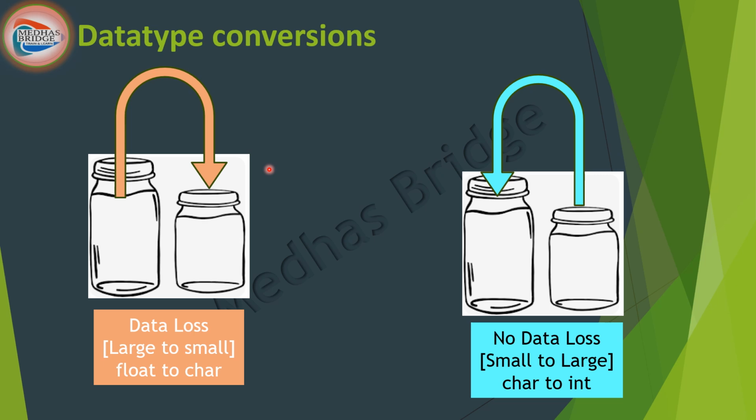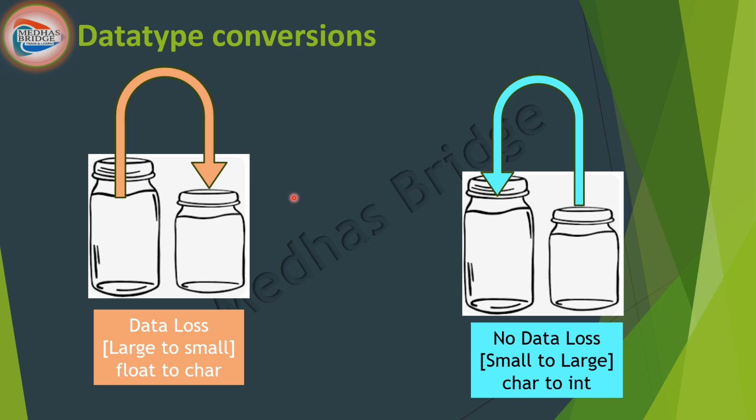When the sizes are different for each data type, then copying from a lower size to a larger size, or from a larger size to a lower size, you might end up seeing a data loss, isn't it?